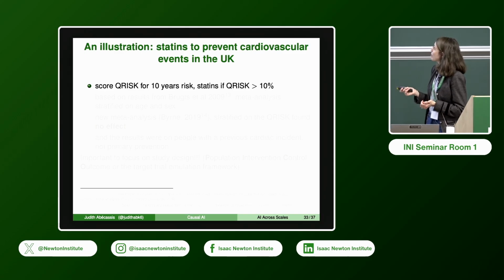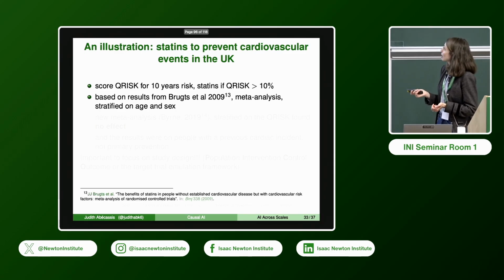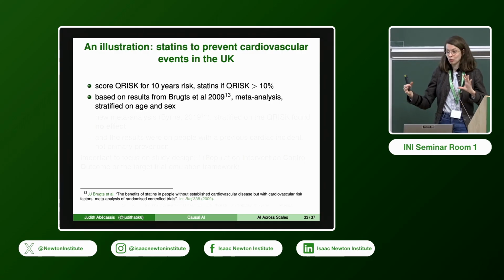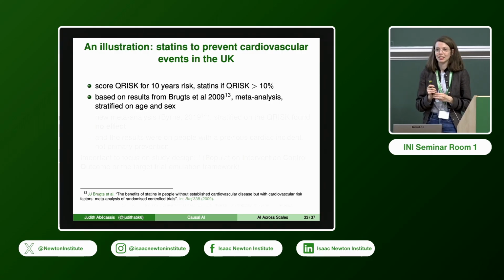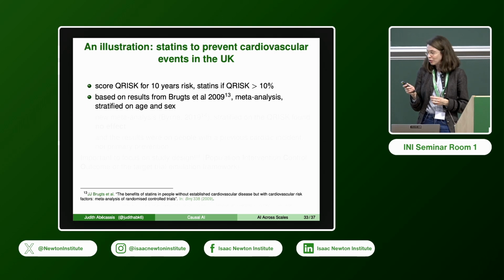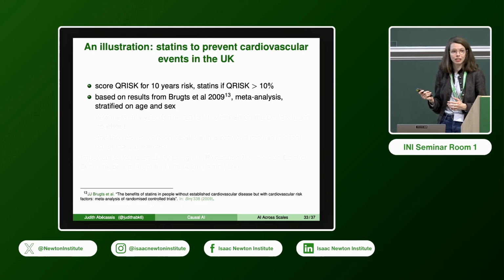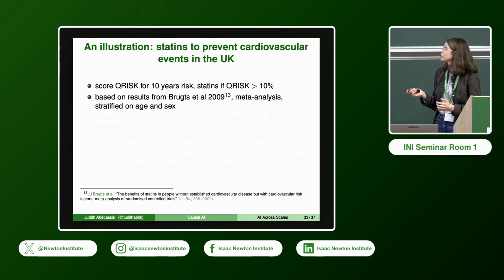Everything was done by the book, and there are some results from meta-analysis, so combining a lot of randomized clinical trials that suggest that using statins as in primary prevention, so in people who never had any cardiac events, had a positive effect in preventing further cardiovascular events.